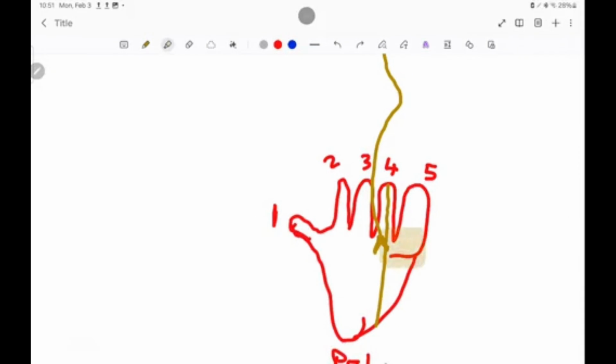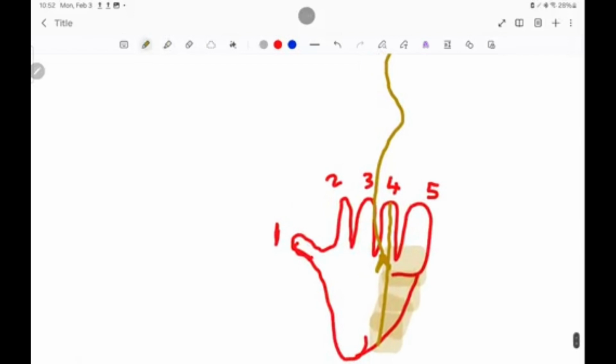Okay. This aspect of the palm. The fingers numbered 4 and 5 are supplied by another branch, also from the ulnar nerve, but a different branch.